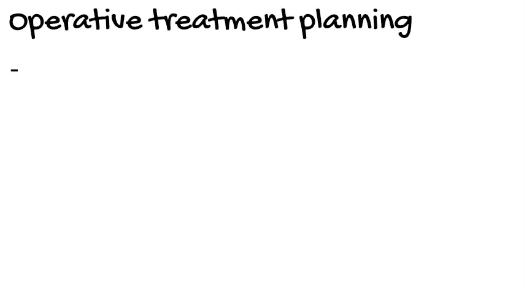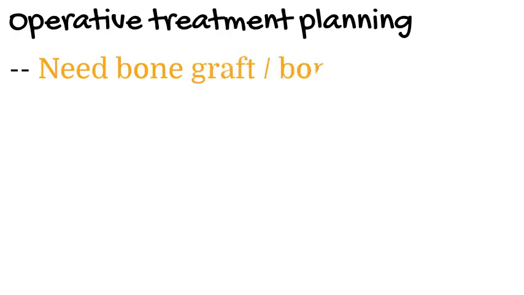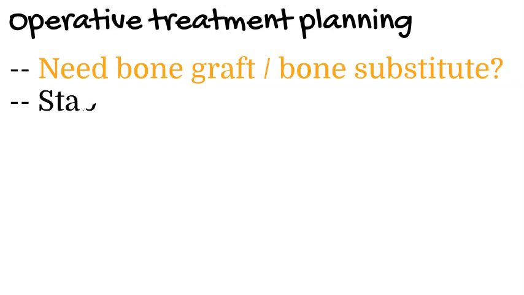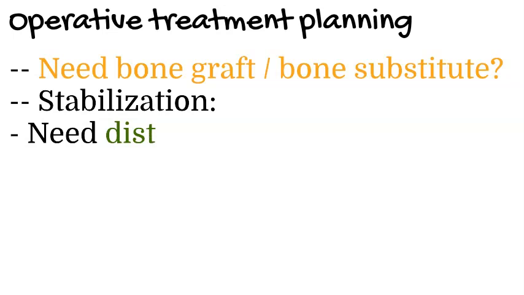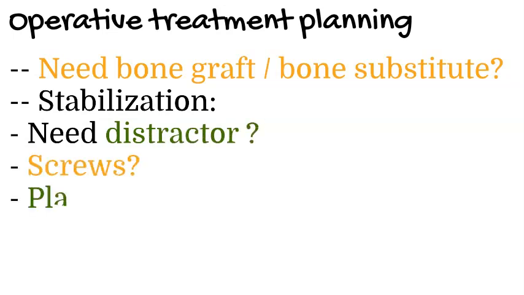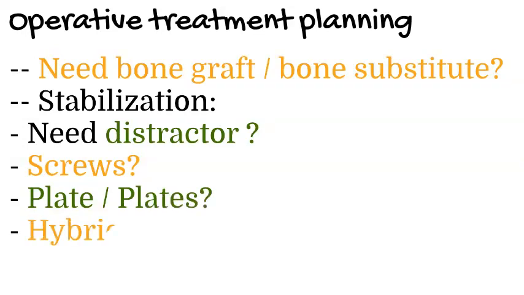Operative treatment planning. Whether you need a bone graft or bone substitute, the stabilization, whether you need a distractor, how many screws you are going to use, the direction of the screws, how many plates you are going to use, one anterolateral plate, or lateral plate only, or posteromedial plate, or double plating, and hybrid fixator.